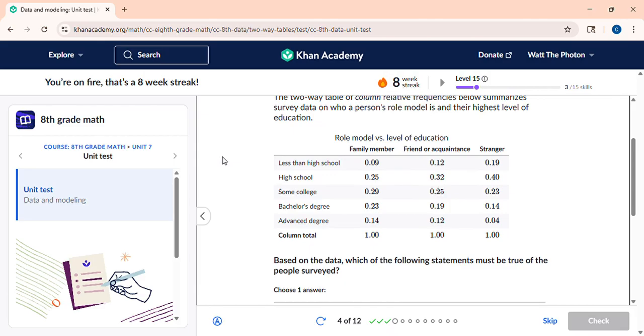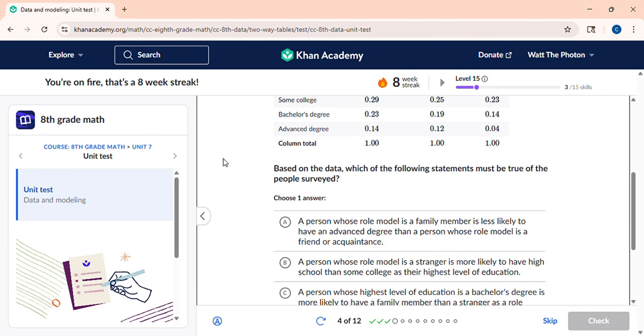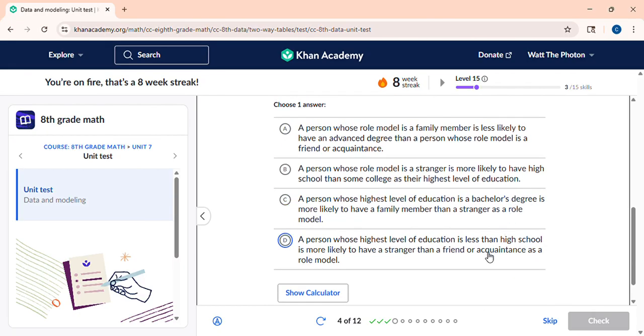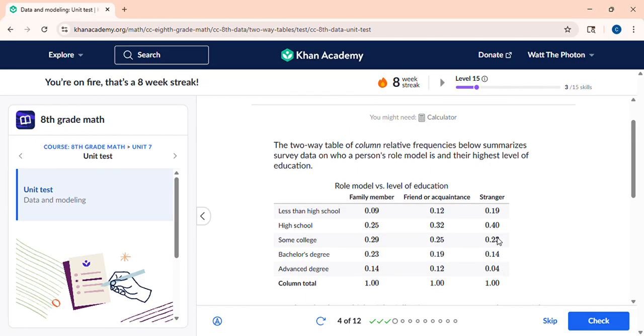Must be true. The person whose highest level of education is less than high school is more likely to have a stranger than a friend or acquaintance as a role model.